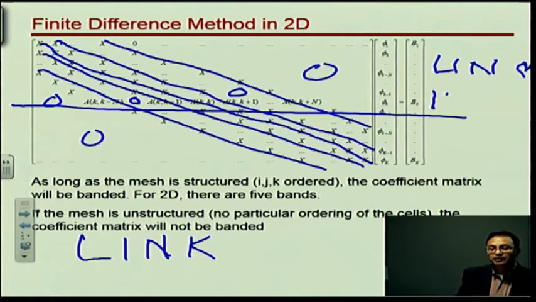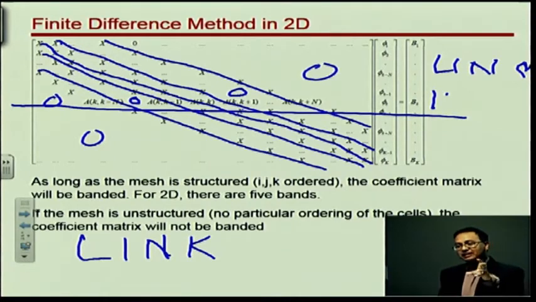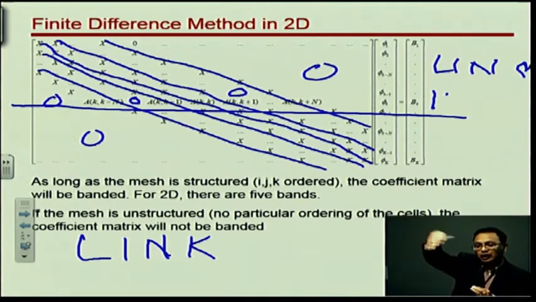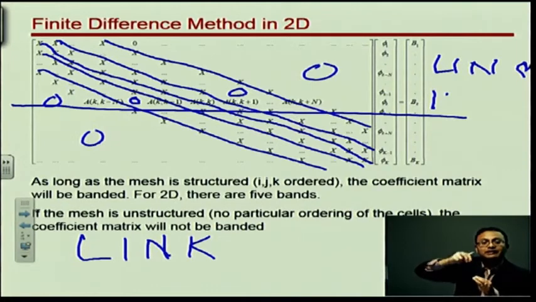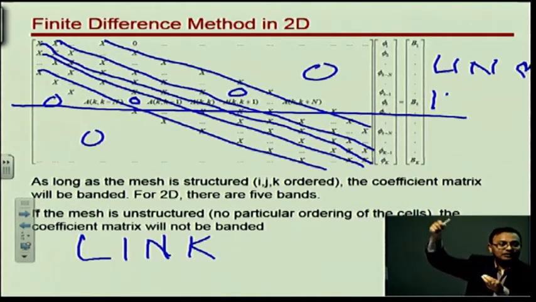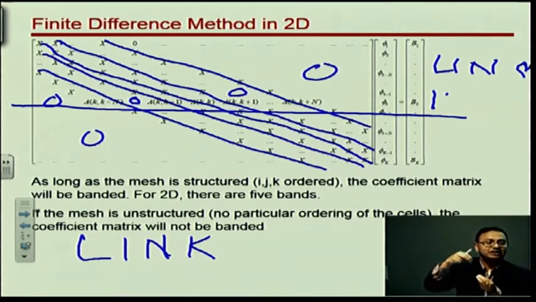Okay, why? Because they link one node to another. They are basically your method of communication between one node and another. If I have a node here and another node there which is outside of the stencil I'm considering, then the link coefficient between this node and that node far away is 0. It's not communicating. That's why the link coefficient is 0. It's not linked to that node. The ones that are surrounding it are the only ones that are linked to it.